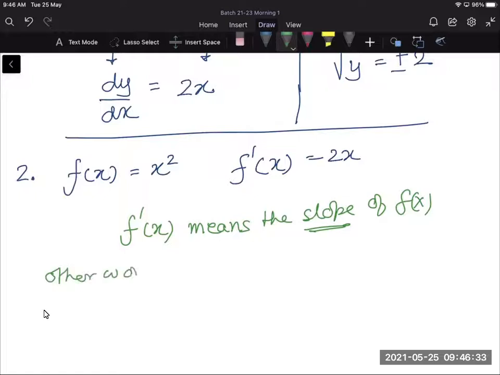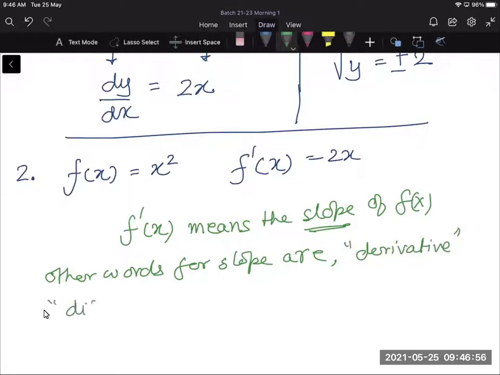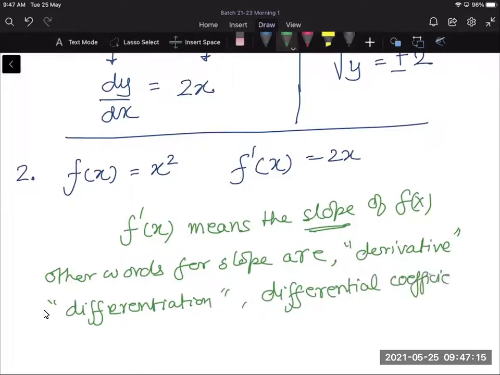So other words for slope are derivative, differentiation, और क्या होता था, differential coefficient, right? Very big words, but the meaning is slope.